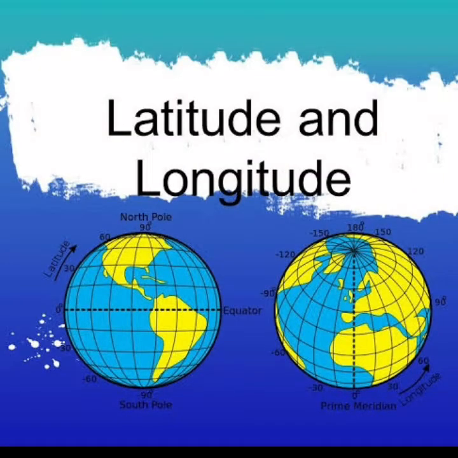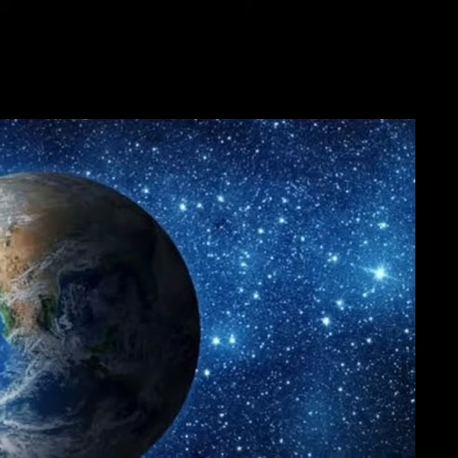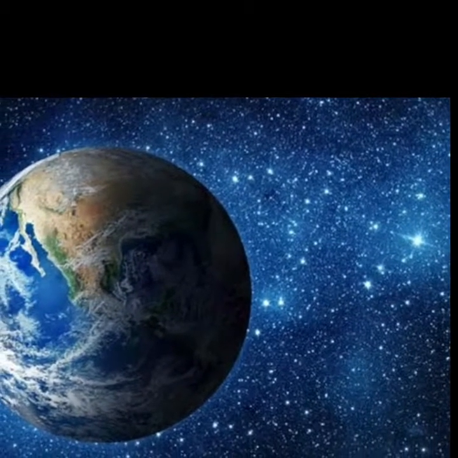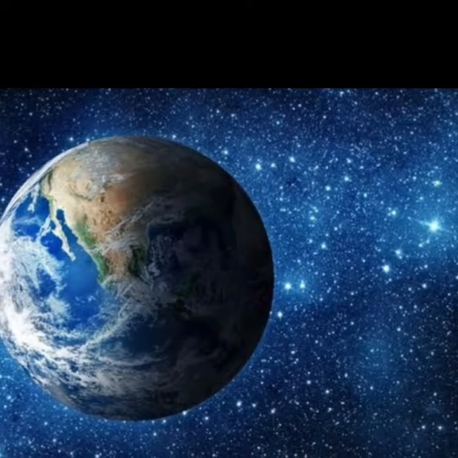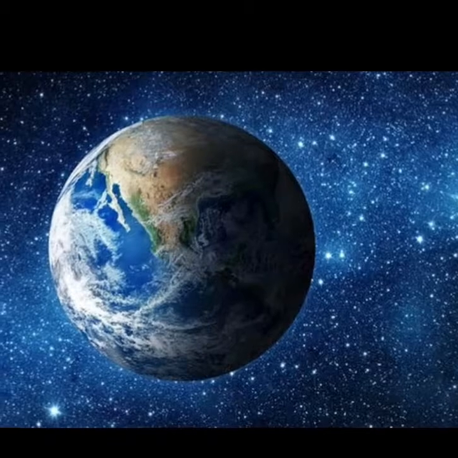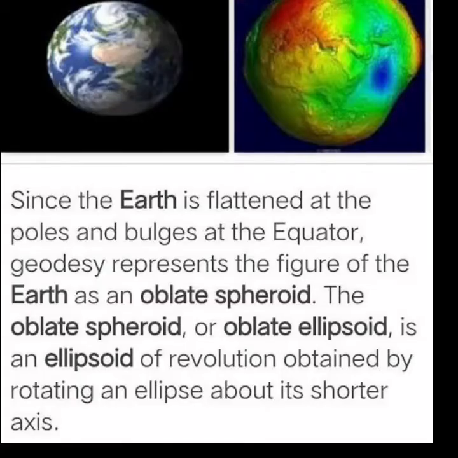Geography Chapter 2, the globe, latitude and longitudes. We want to know more about Earth, as Earth is a fascinating place to live in. To know it better, we need to find a true representation of it.